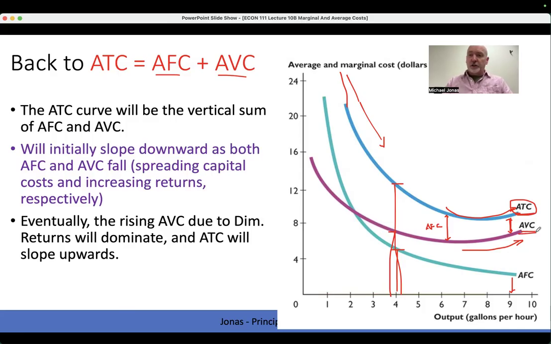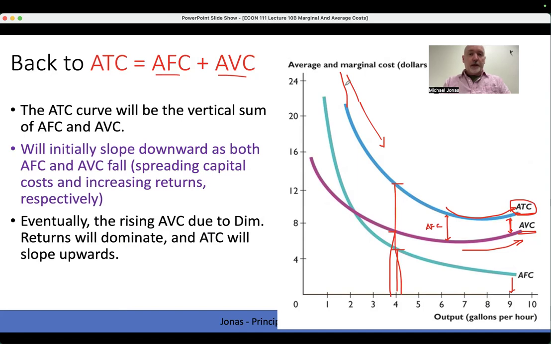So my suggestion at this point is make sure that you have just a blank sheet of paper and sketch out just from memory and be able to explain a production function, a marginal product of labor curve, the total cost, total variable cost, total fixed cost, and now these three, average total, average variable, average fixed, and be able to say a word or two about why they look the way they do.